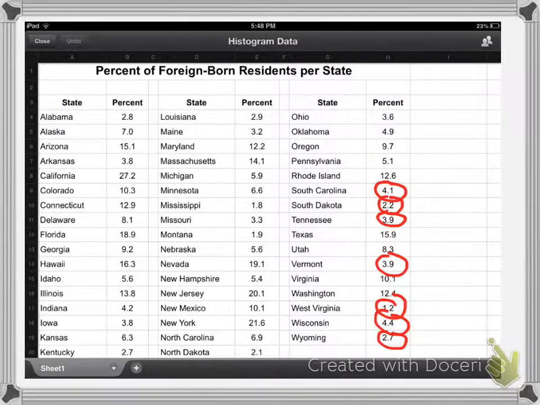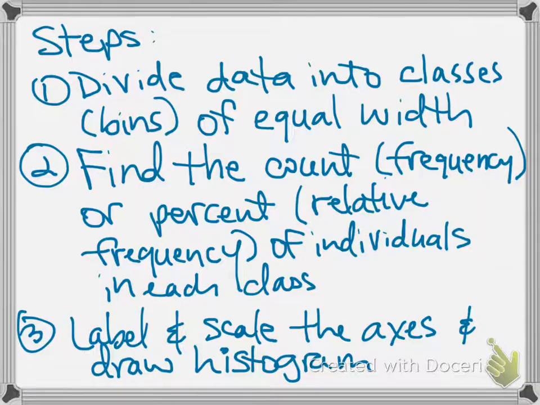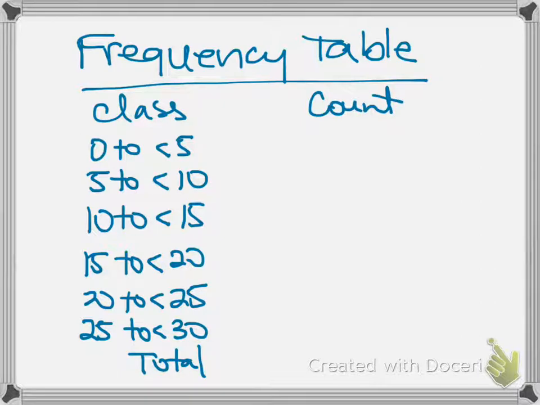So I just need to go back to our data, and I'm going to count the number of states that fall into our first bin, which again is from 0 up to, but not including, 5%. And then I will count to see how many states fall into the second bin, which is 5% up to but not including 10%. So give me just a moment and I'll get those counts taken care of and we'll get right back to it.